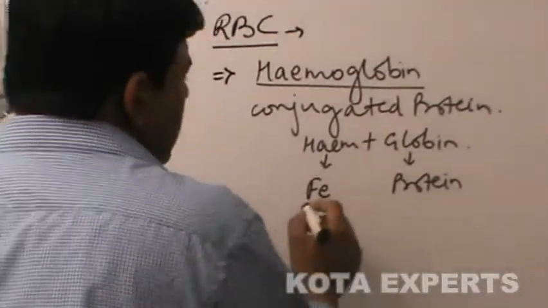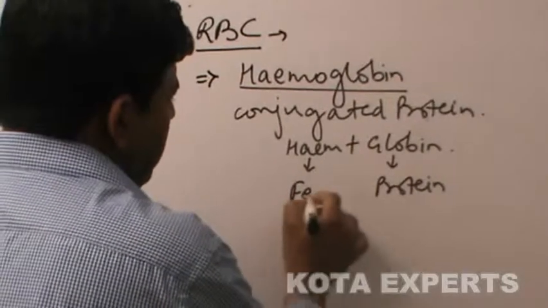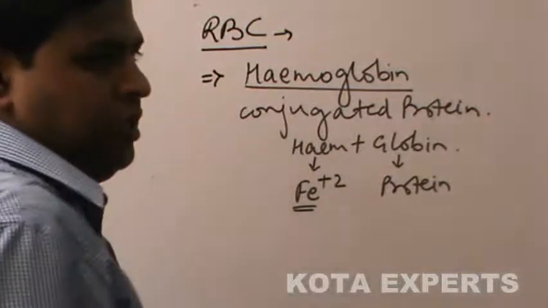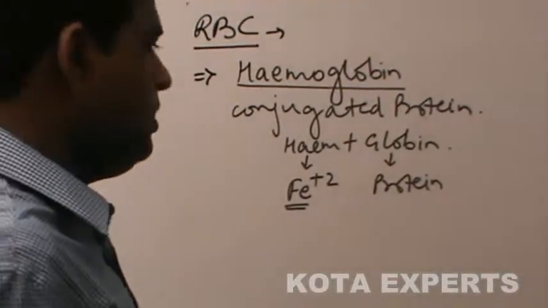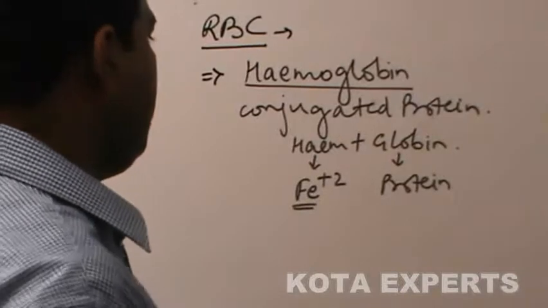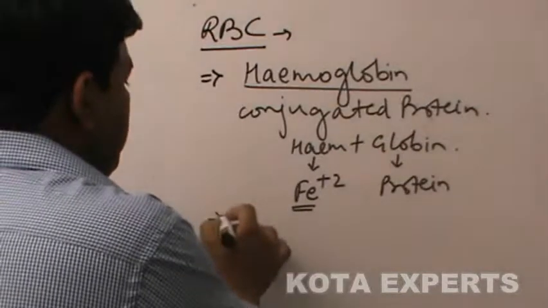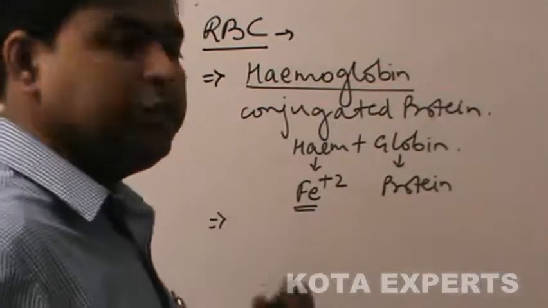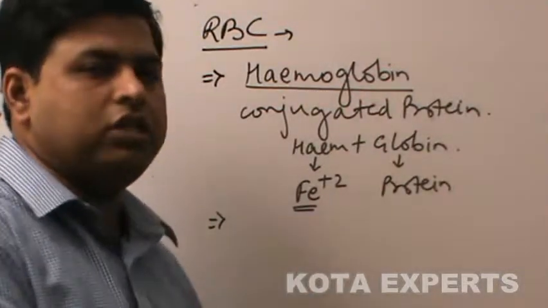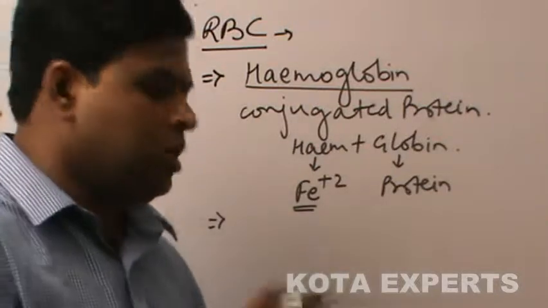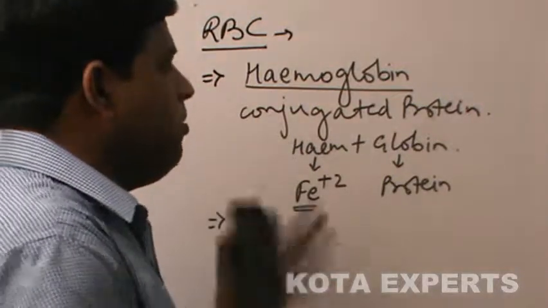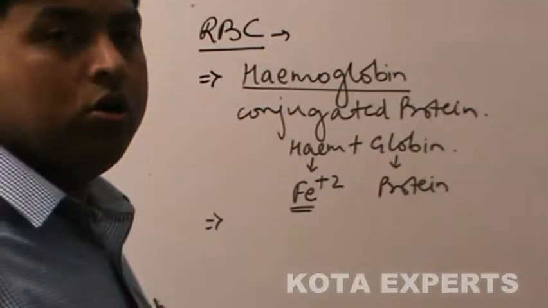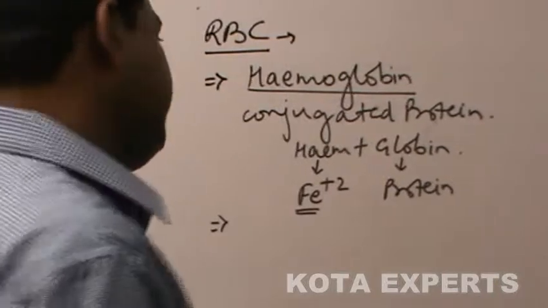Now heme in the iron is in the +2 oxidation state, that is the ferrous state in the hemoglobin, and the main function of hemoglobin is to transport respiratory gases. Respiratory gases means oxygen as well as carbon dioxide. So here one thing should be kept in mind that RBC not only transports oxygen but also carbon dioxide.